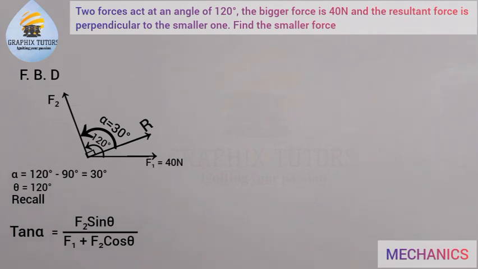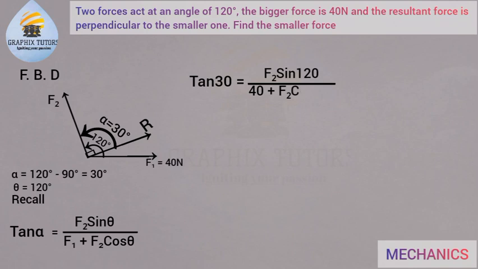Now we know our alpha is 30. So we say tan 30 equals, now the F2, which is the smaller force, is not given; that's what we're calculating for. So F2 sine theta, which is 120, divided by the bigger force F1, which is 40, plus F2 cos 120. When you press tan 30 on your calculator, you get 0.577.